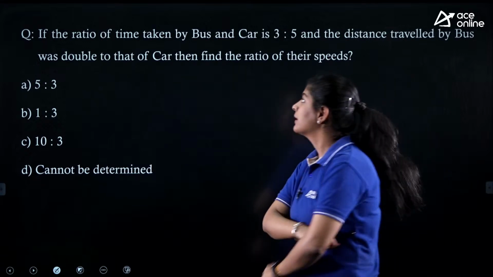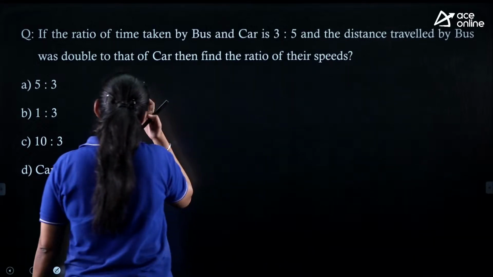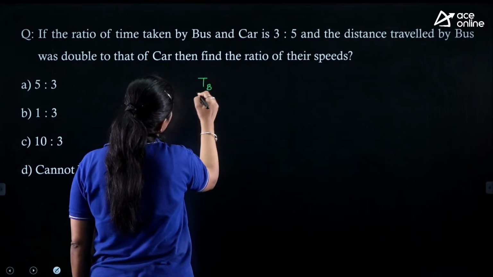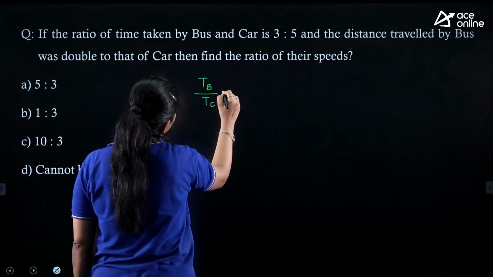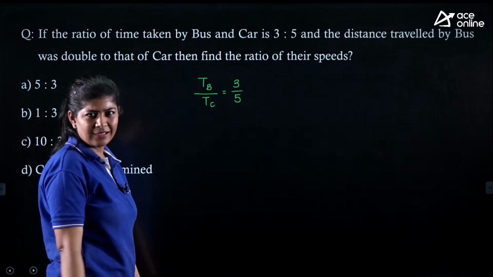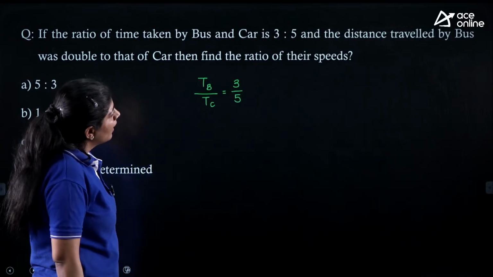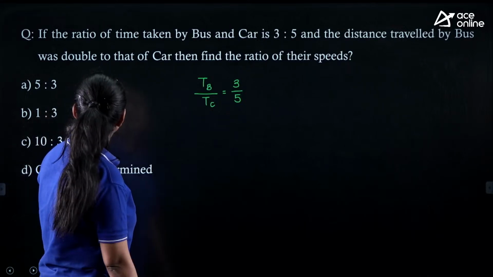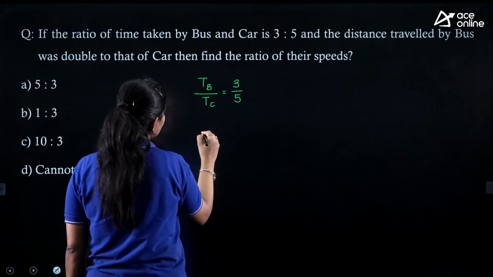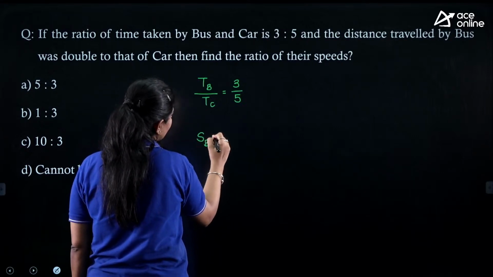Okay, let's try to understand. The question is saying that the ratio of time taken by bus to car is given as 3:5. Right? This is the thing that we are having over here. The distance travelled by bus was double. So let's try to calculate the speed of the bus.